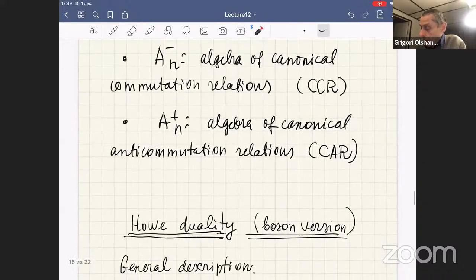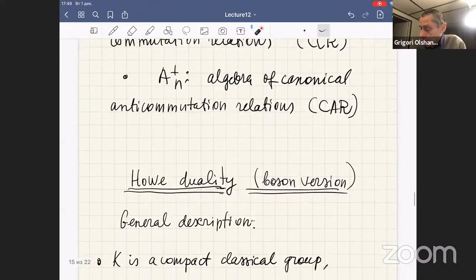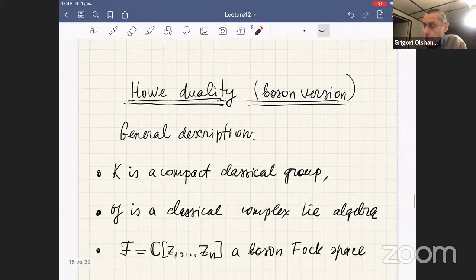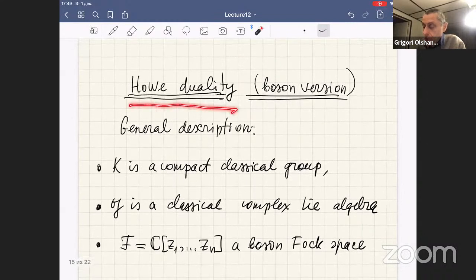And now I come to the main topic, which is the Roger Howe duality. I will explain its boson version. The explanation is a bit long.